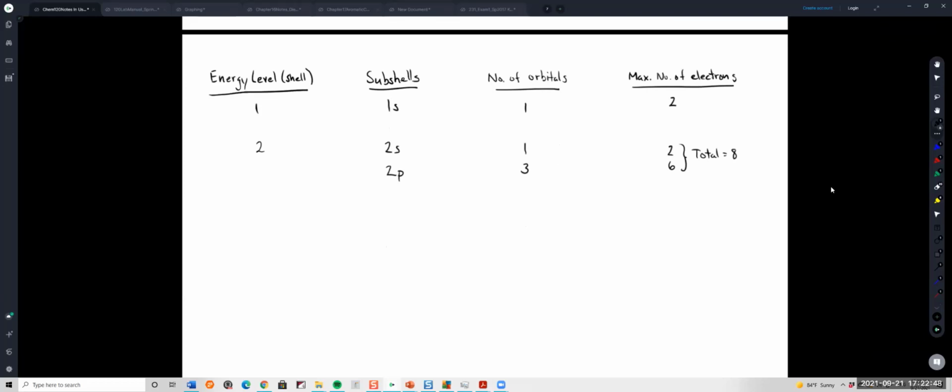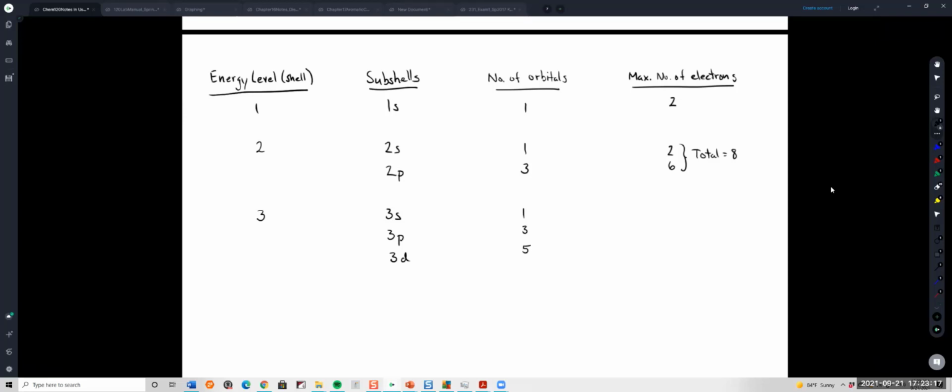When we get to the 3rd shell, there is 3s, there's 3p, and now we add a d subshell. Number of orbitals: S's come in sets of 1, P's come in sets of 3, D's come in sets of 5.